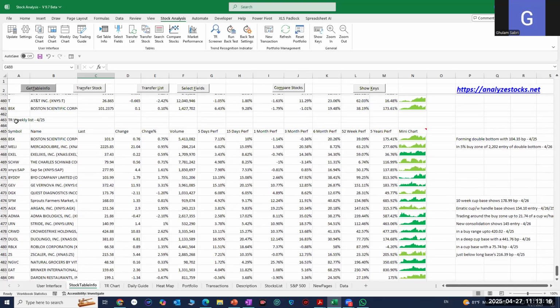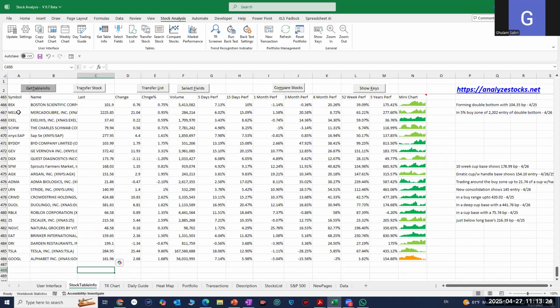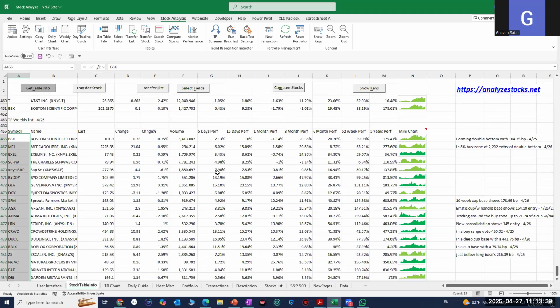So this one, for example, is my weekly list that I've been working on this weekend, for the week closing on 425, and these are the stocks which have come up in my different screeners and screens. ZS earnings were on March 5th. This means the next earnings are going to be around June. So we still have 1 month.